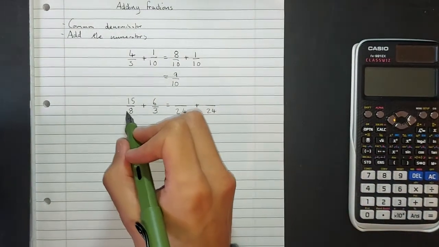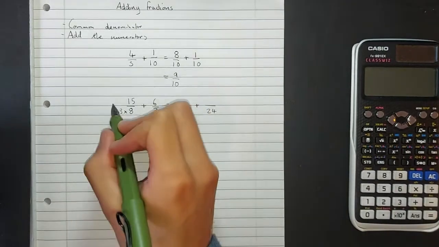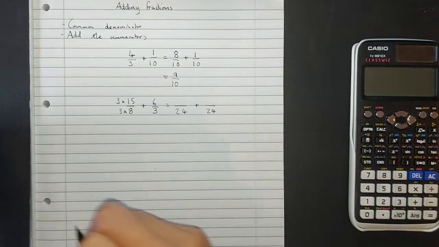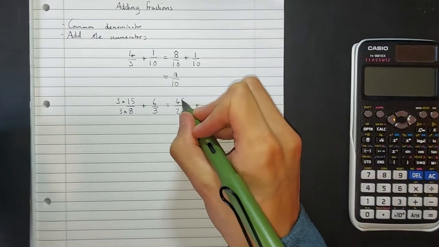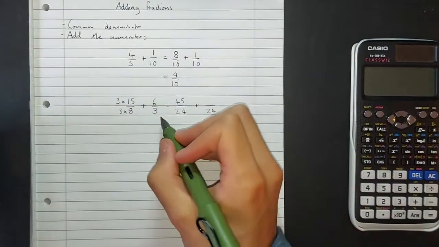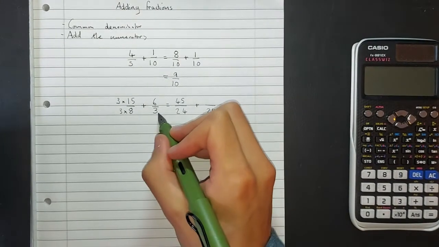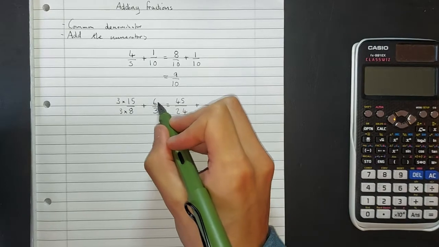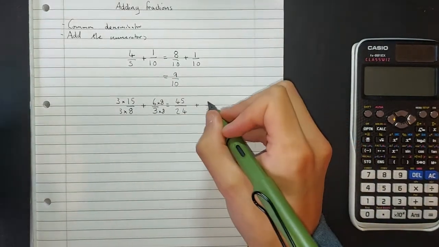So to get from this to 24, what you did was you did 3 lots of that. So let's do 3 lots of 15. That is going to be 15, 30, 45. Okay, in order to get to 24 here, you've times the 3 by 8, so you're going to have to times the 6 by 8 as well. So 6 times 8 is going to be 48.